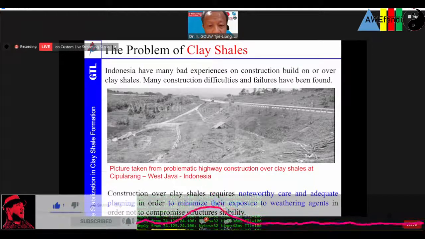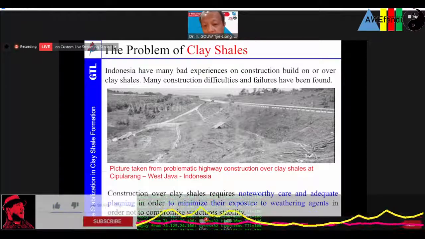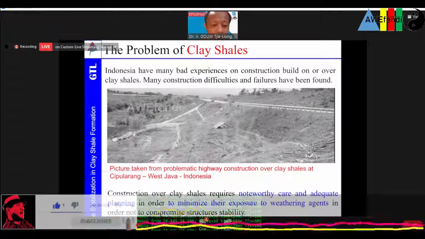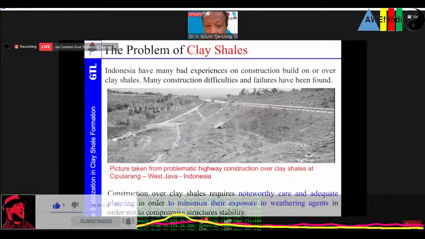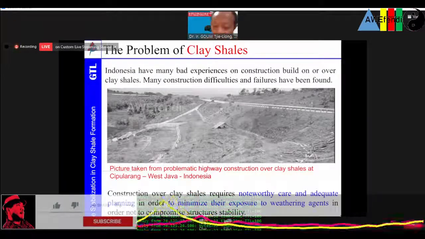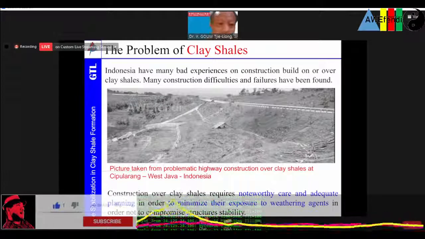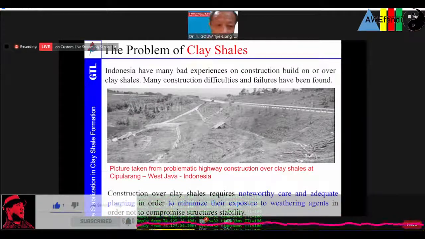Construction on clay shale requires noteworthy care and adequate planning in order to minimize its exposure to weathering agents and not compromise the structure stability. That means we have to construct it very carefully and as fast as possible.